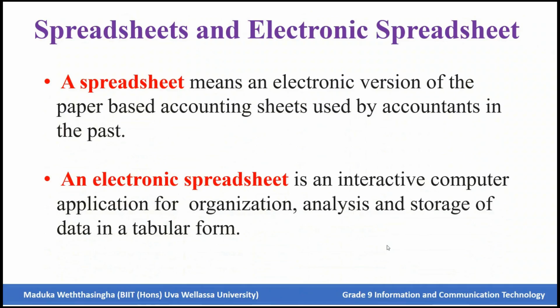Then, what about an electronic spreadsheet? It's not just an electronic version. It is an interactive computer application for organization, analysis and storage of data in tabular form. It's not just an electronic version, but an interactive computer application for what? Organization, analysis and storage of data in tabular form.